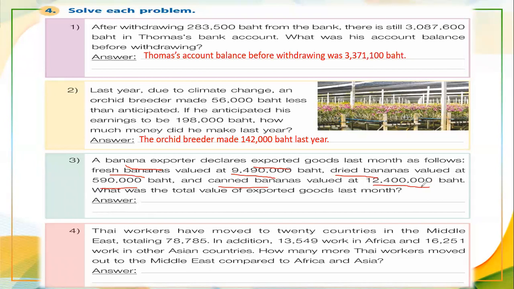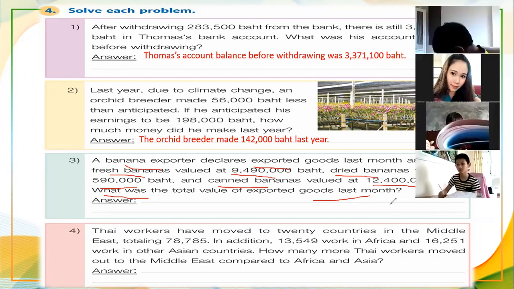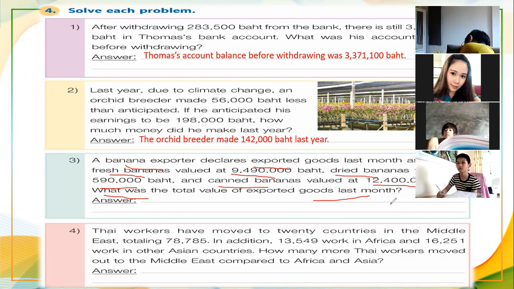So the banana exporter exports 3 different types of goods: fresh banana, dried banana, and canned banana. What they are asking is the total value of exported goods last month. So are we going to perform addition or subtraction? They want the total goods exported.